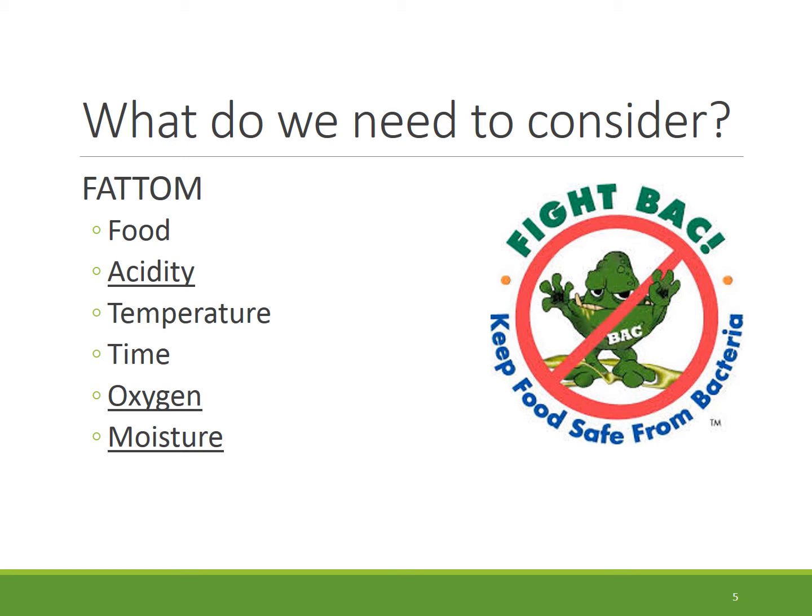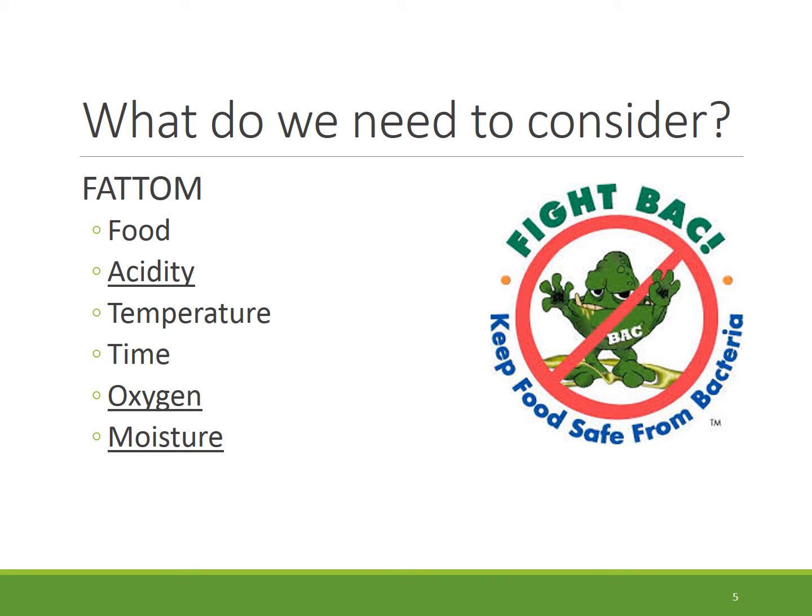Additionally, time is important for bacteria, but it really isn't something that we can control directly, although our ultimate goal is to increase the amount of time needed for the bacterium to grow. Temperature is going to be a key processing method. In most cases, we will use temperature as our preservation method, either hot to kill the bacteria or cold to slow the growth of the bacteria.